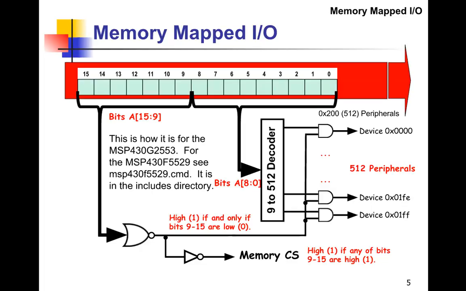So this whole circuit you're seeing here is known as an address bus decoder, and we're basically looking for these peripherals here. When we get the peripherals, they're enabled with those 512 signals.